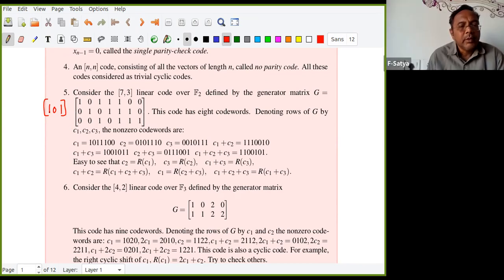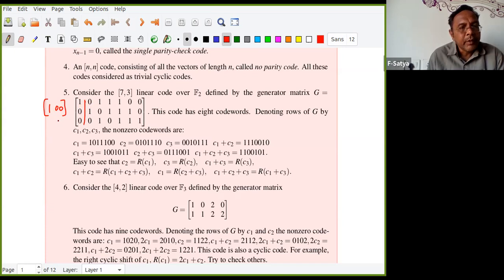To understand, what will 100 do? 100 into 100 is 1, 100 into 010 is 0, and so on.